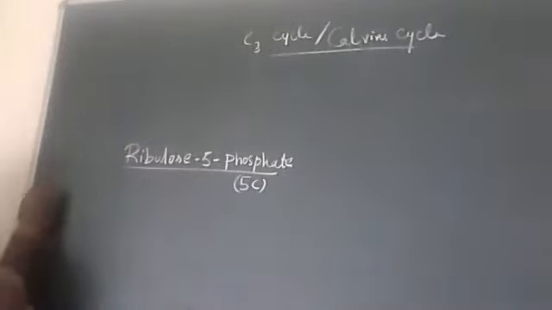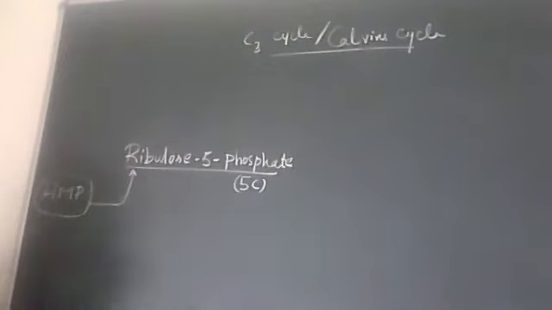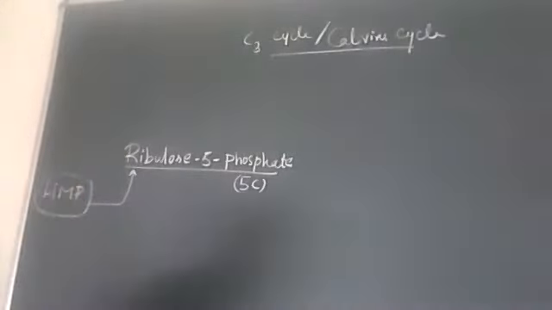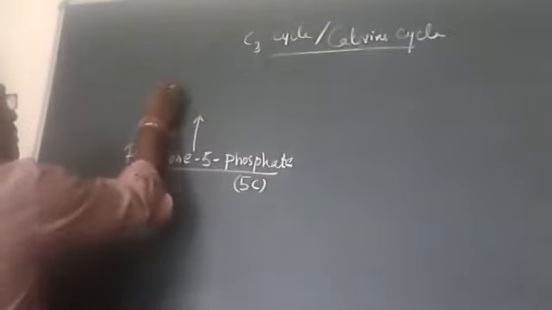It comes from which pathway of glycolysis? See the board. HMP pathway, no? In HMP pathway, you remember you have a compound called ribulose 5-phosphate. This ribulose 5-phosphate will convert into ribulose 1,5-diphosphate.